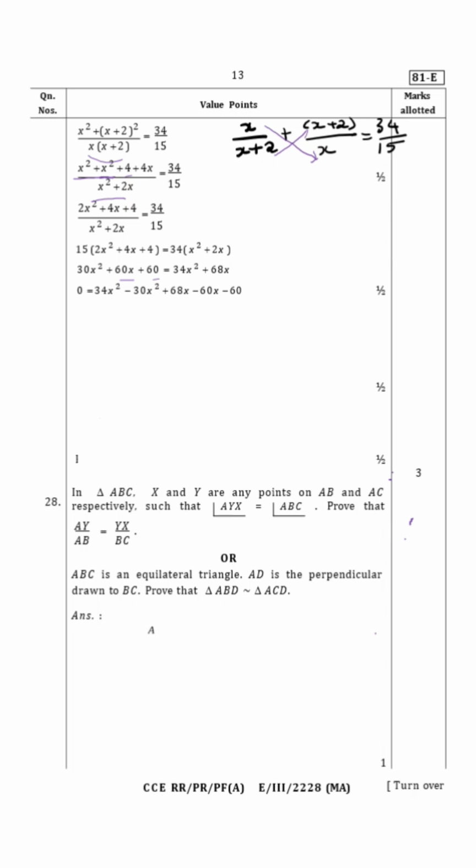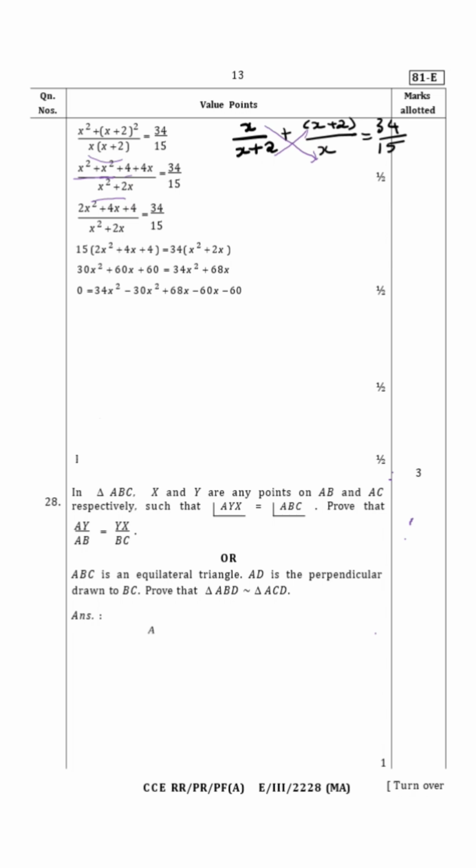68x. Now let us rearrange: 34x square minus 30x square, group the like terms, plus 68x minus 60x, minus 60. We have to bring all the terms to the LHS, that is equal to 0.